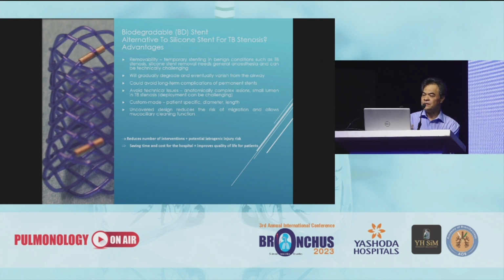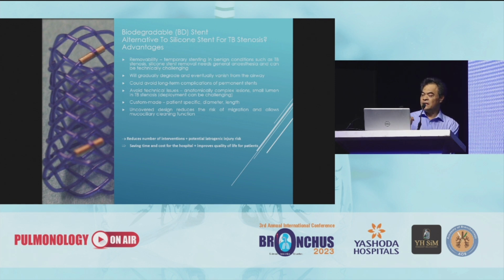So these are the potential advantages. Number one, removability. Benign conditions sometimes need temporary stenting, such as TB stenosis, and silicone stent removal needs general anesthesia and can be technically challenging. BD stent will gradually degrade and eventually vanish from the airway, and this could avoid long-term complications of a permanent stent.